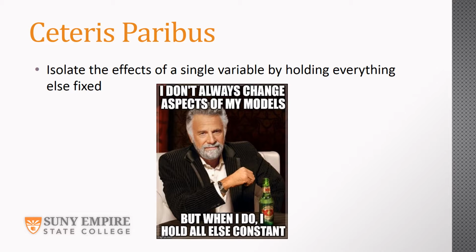For example, we want to determine the effect price has on the cookie sales. So we sell exactly the same type of cookie at exactly the same time at exactly the same location with the same people around. All we change is the price, and then we can compare the level of the sales.